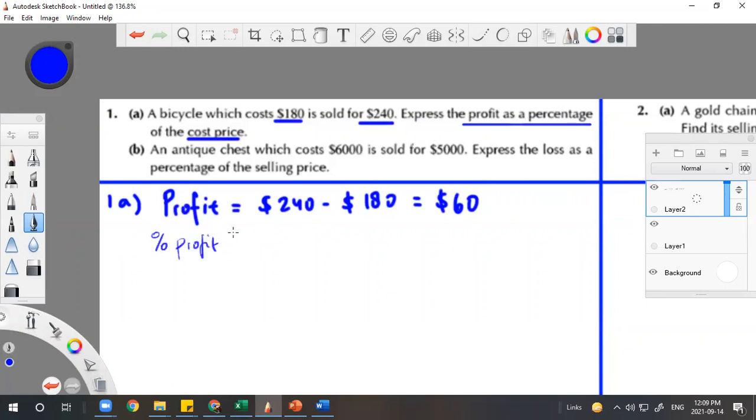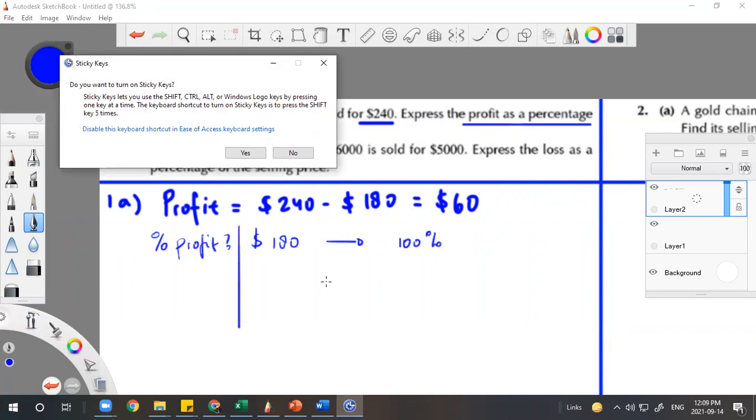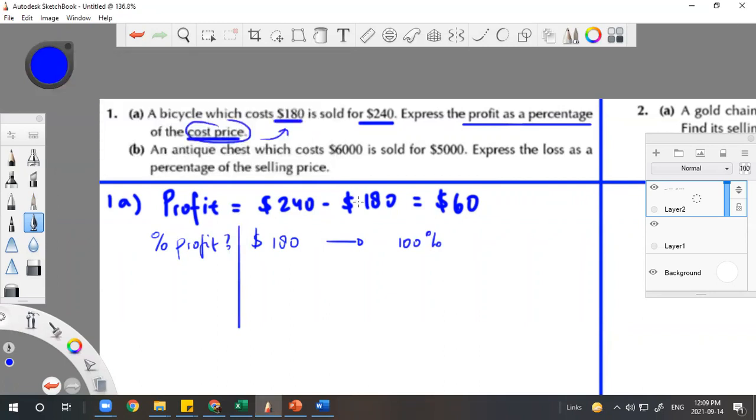Since we know that the cost price is 180, the $180 will equal 100%, right? So how do you find the percent of profit? Again, you have to put $60 here. So what is the percent here?